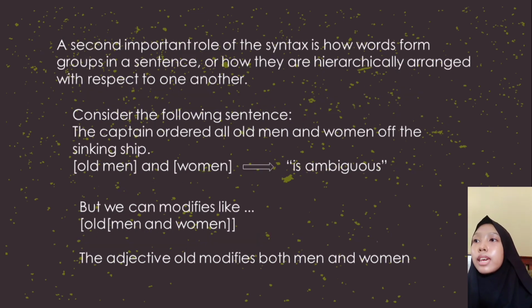A second important rule of the syntax is how words group in a sentence, or how they are hierarchically arranged with respect to one another. Consider the following sentence: the captain ordered all old men and women off the sinking ship.